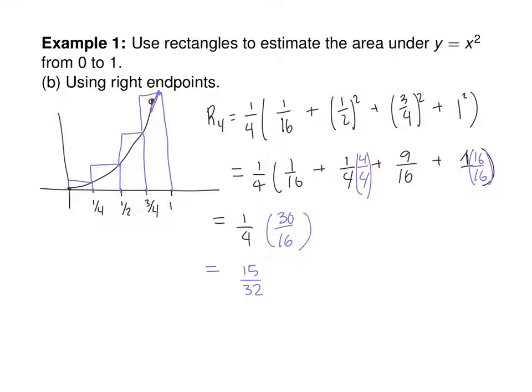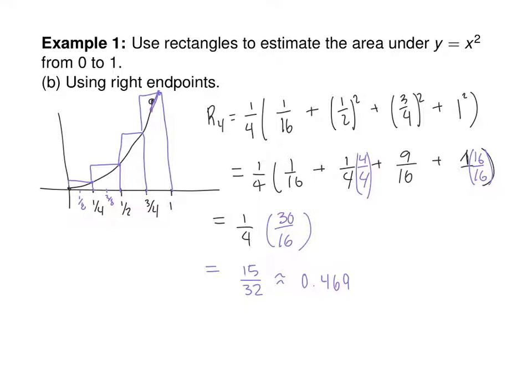Yes, if I had divided into, say, 8 pieces, then this would have been an eighth, and this would have been 3/8. And you would have had to plug in 8 different numbers, but it would be an even better estimate. And you still would be able to take out an eighth, because the width of every single box would be 1/8.